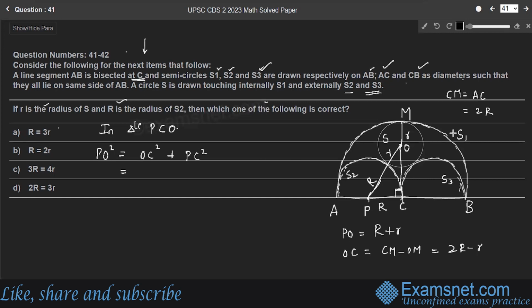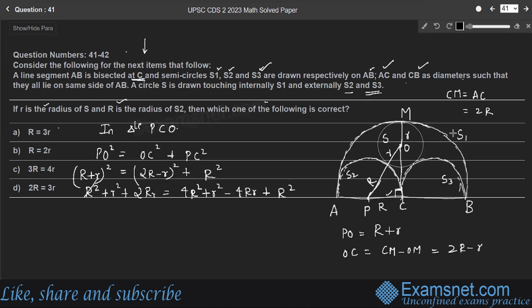Therefore, PO square is capital R plus small r the whole square, equal to OC square, which is 2R minus r the whole square, plus PC square, which is R square. Simplify it, and you will get the relation between capital R and small r. So R plus r the whole square, A plus B the whole square, A square plus B square plus 2AB, so R square plus r square plus 2Rr is equal to 2R minus r the whole square, which is 4R square plus r square minus 4Rr plus R square.